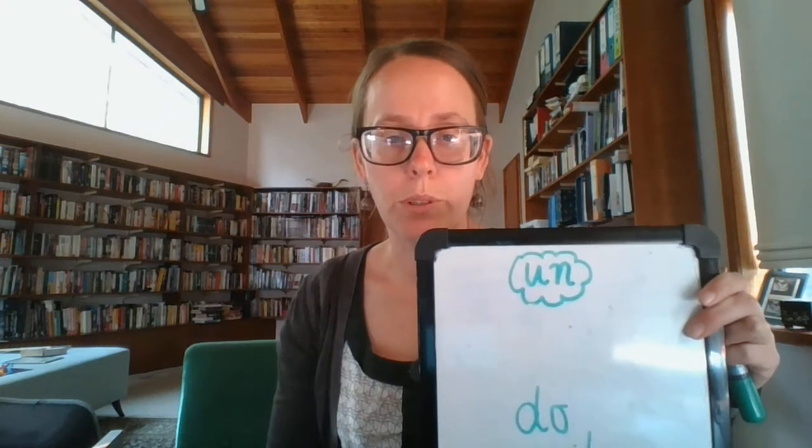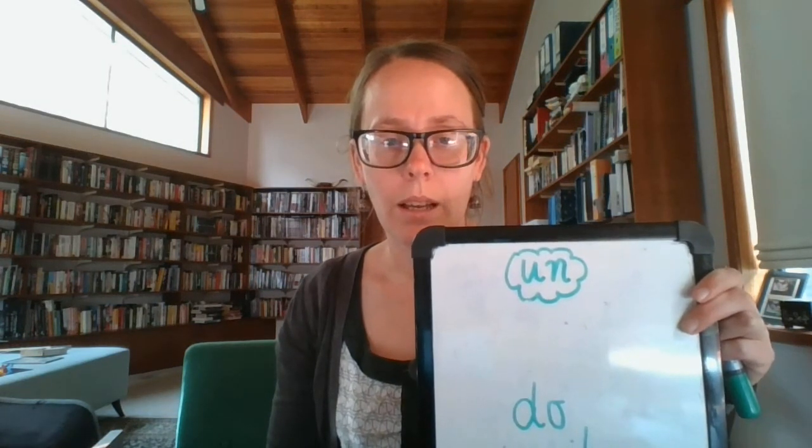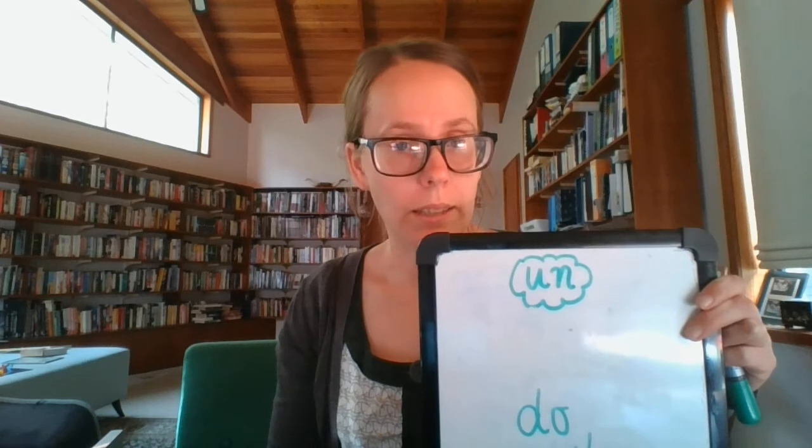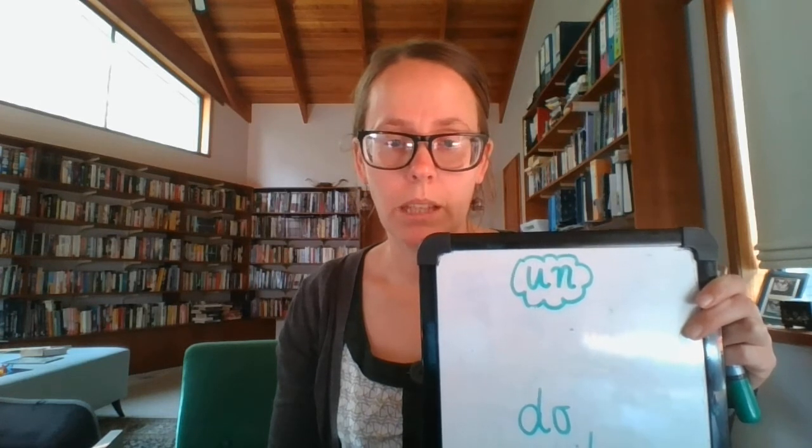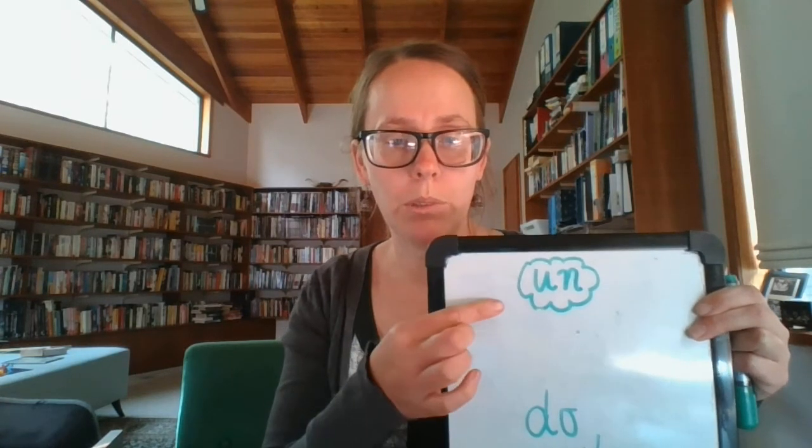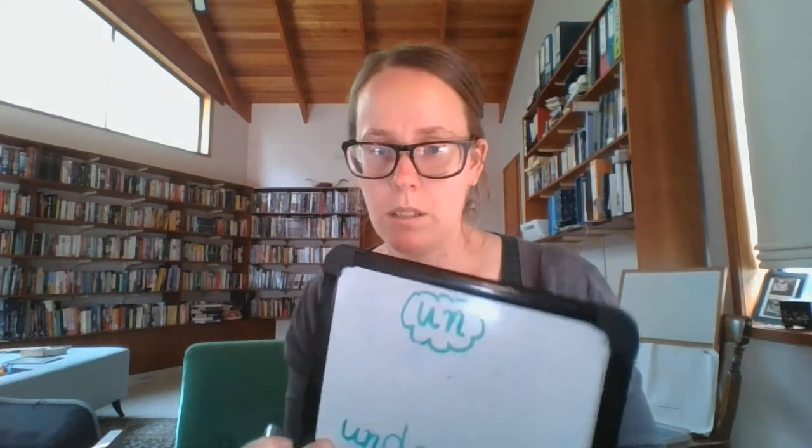This time, the first word is do. Do means to get something done. But what happens when I put this prefix in, when I add un to the beginning of the word? Let's see what it says.